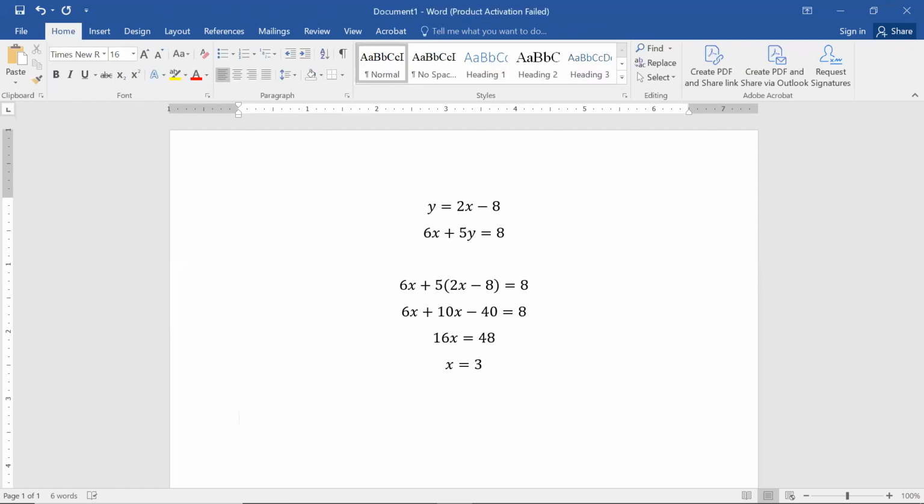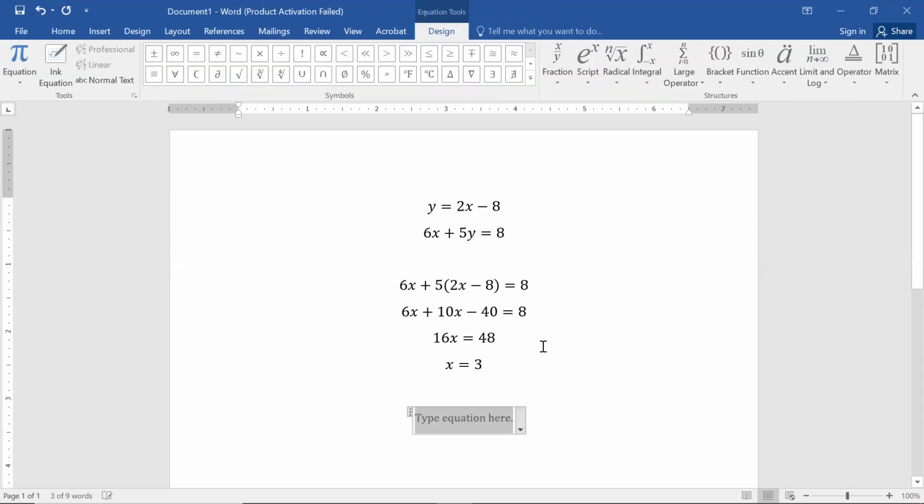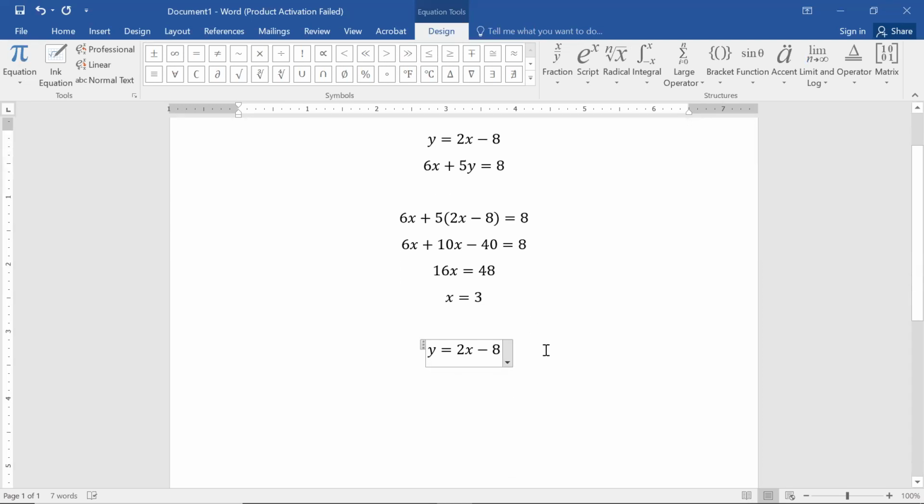Now I have the value of x. Once I have the value of x, I can simply plug it in to either my first equation or my second equation in the system and solve for y. Now, it's going to be easier to plug it into the first equation and solve for y because, as you can see, in the first equation, we already have y is equal to an expression.